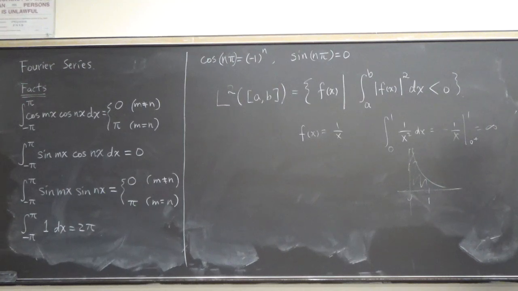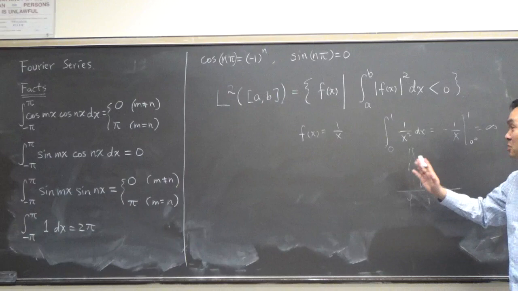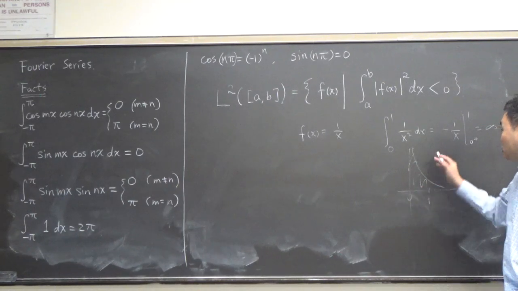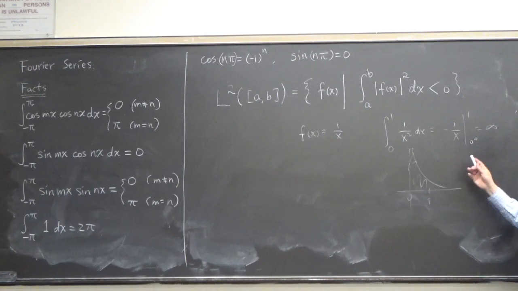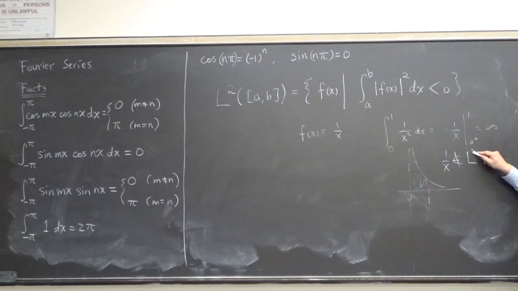However, there are functions that go to infinity and still manage to be in L2. This calculation immediately shows that 1 over x does not fit in the L2 space from 0 to 1.